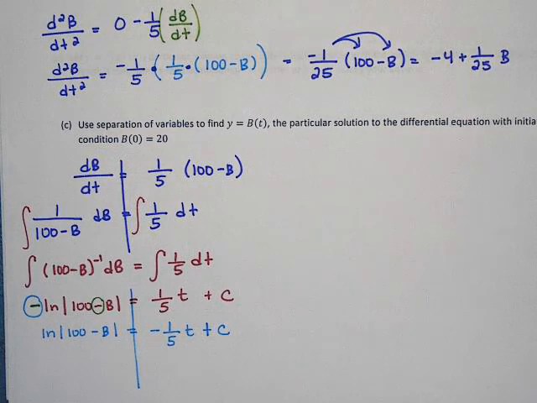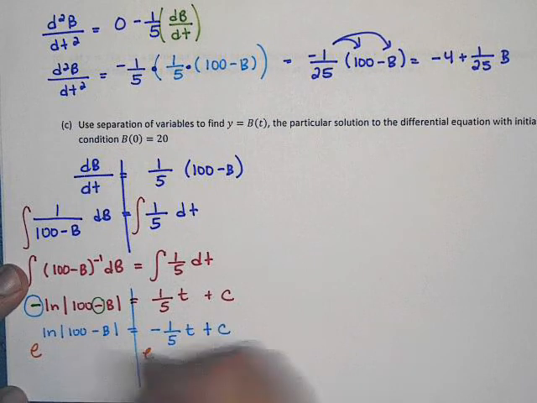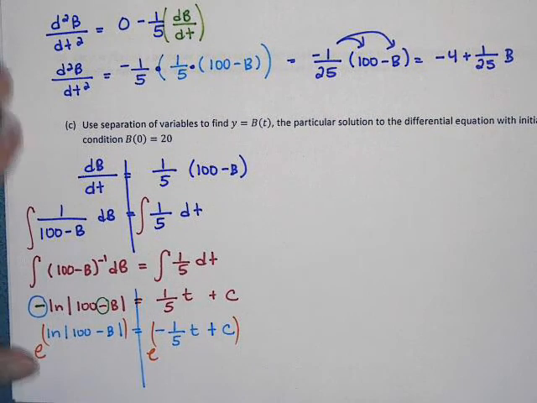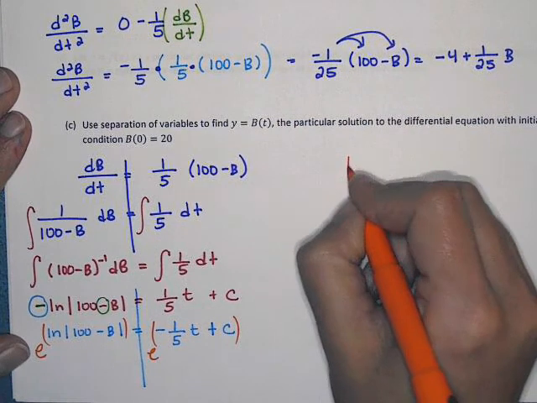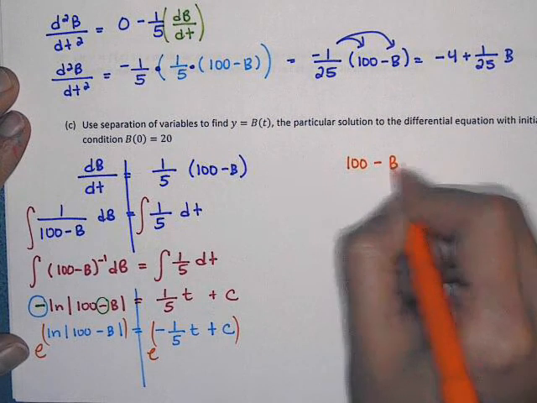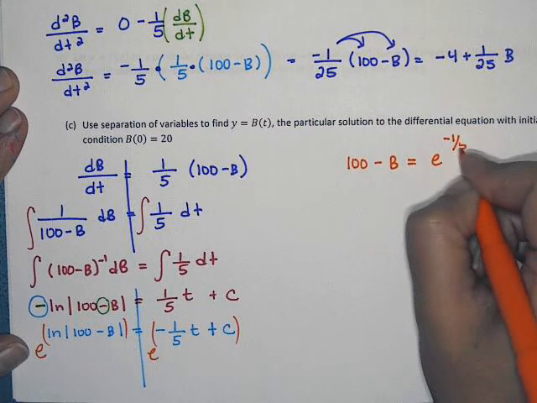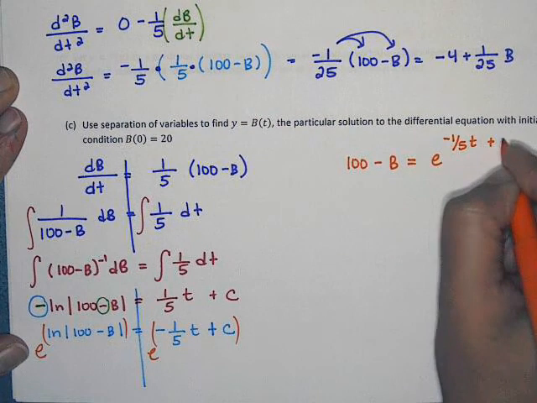Now, I'm going to raise both sides to the e power because e's and natural logs are inverse functions. So I'm going to end up with just 100 minus b equals e to the negative 1/5 t plus c.